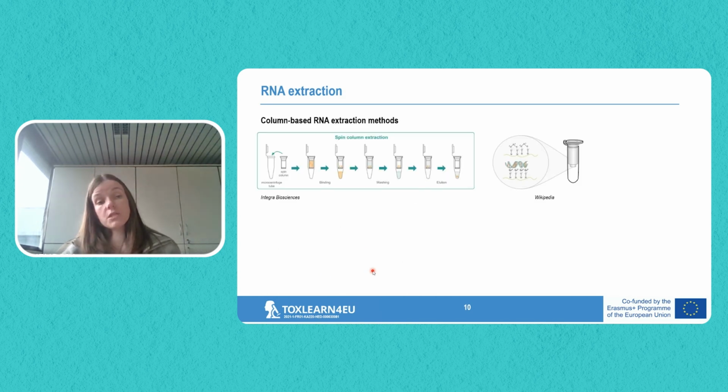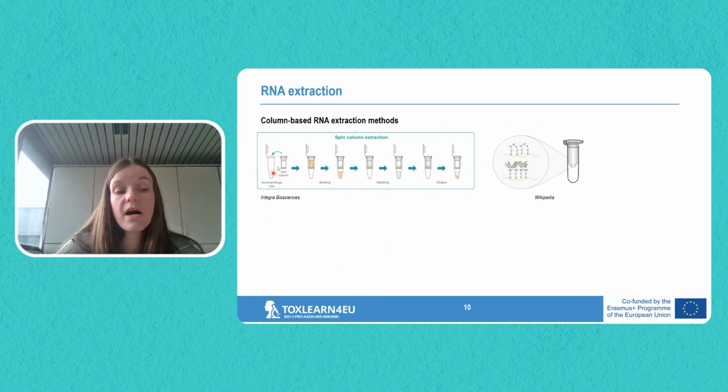Some RNA extraction procedures, for example those that you can buy in commercially available kits, work using columns. Here you can see the general principle of these column-based methods. You have these microcentrifuge Eppendorf tubes, and this little column fits nicely in there.